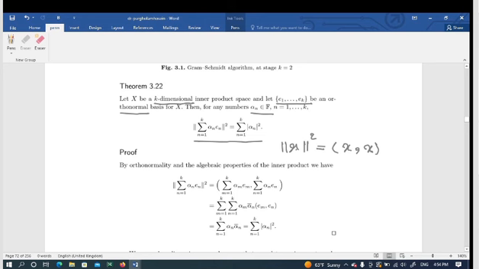The index of the first sigma is n, and the index of the second sigma is m. So we have two sums, one from n to k and the other from m to k.